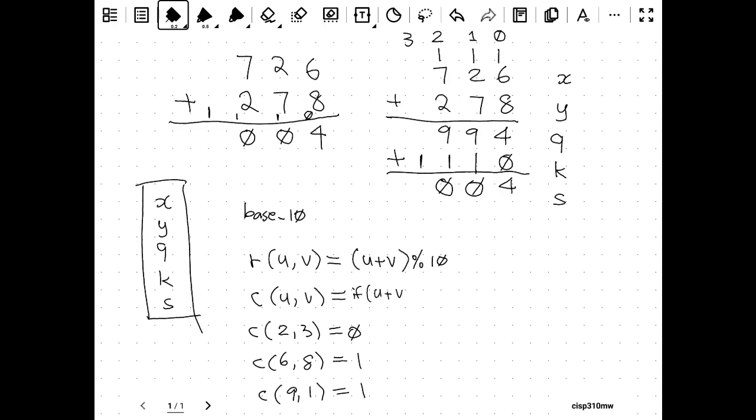Okay, all right. So if u plus v is greater than or equal to 10, then 1, else 0. Very good. You might notice that I'm writing if, then, else in a very narrow font. That's for a reason. Instead of using if, then, else, I can use a C++ expression to do exactly the same thing.